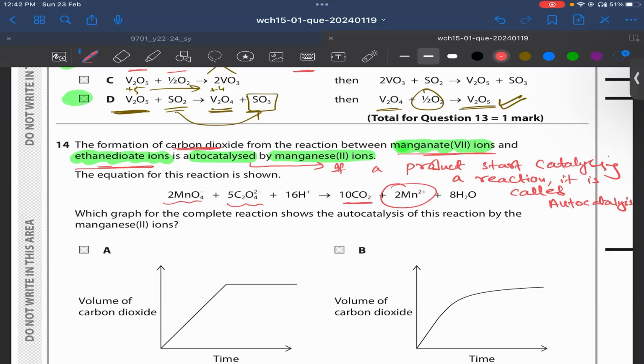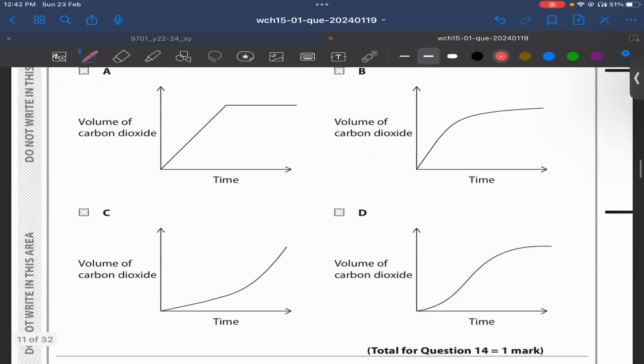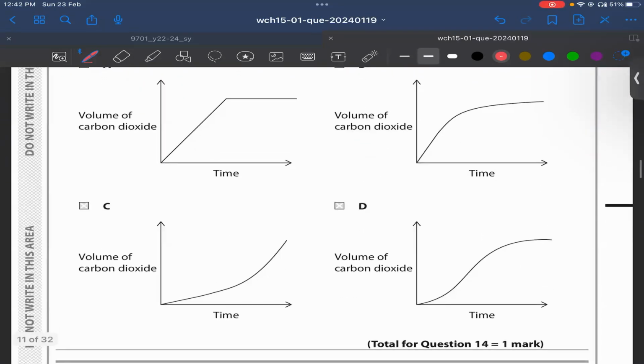So which graph for the complete reaction shows the autocatalysis of this reaction by the manganese(II) ions? We're getting volume of CO2 on the y-axis and time on the x-axis, so it's a volume-time graph. Obviously, the volume of CO2 will increase, and this is autocatalysis. So which graph could represent this reaction?